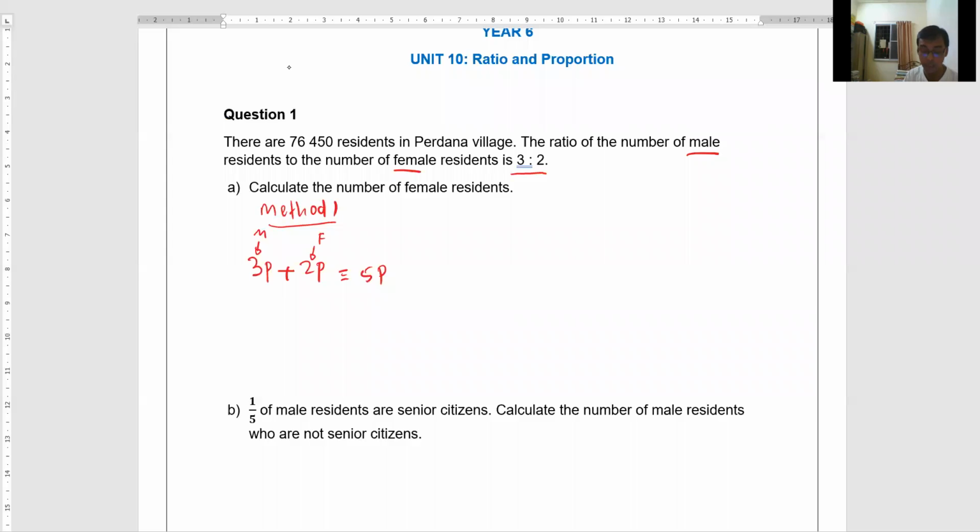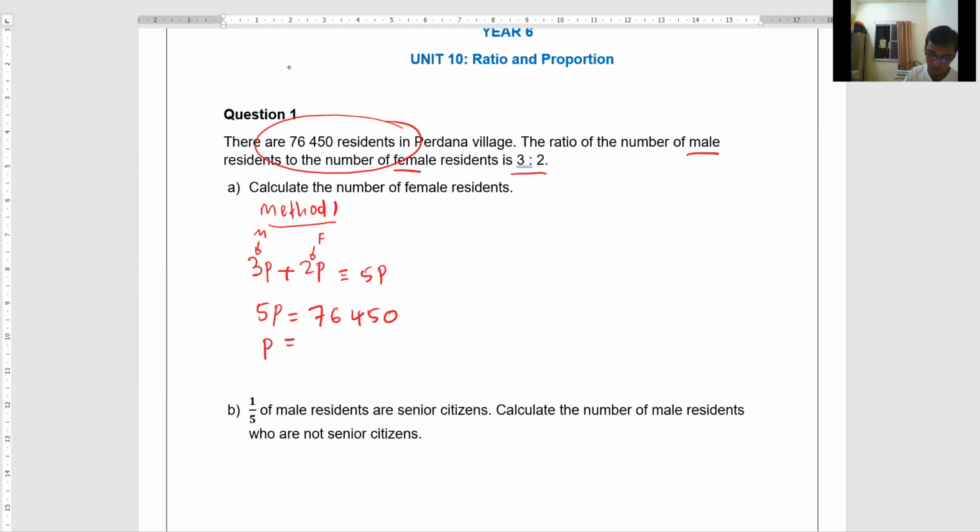We will have to find the p. The p represents how much? Then, since we already know the female is two parts, when you know the one part, you can easily calculate the two parts. So 5p is equal to the total number of residents here, 76,450.